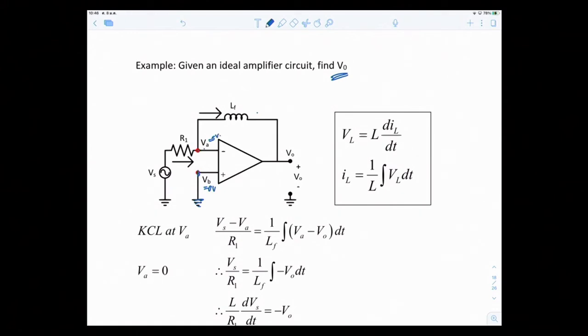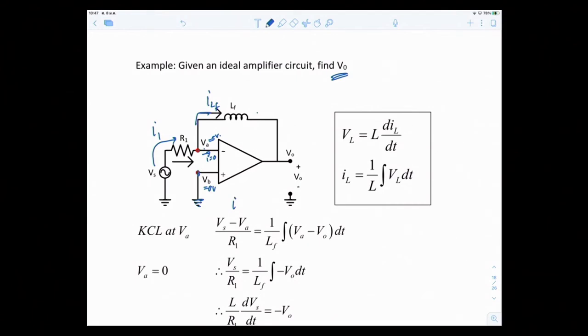Current flows from Vs and goes here. Of course, there's no current going there due to the ideal op-amp, so the current goes up here. So this current I1 is equal to ILF.